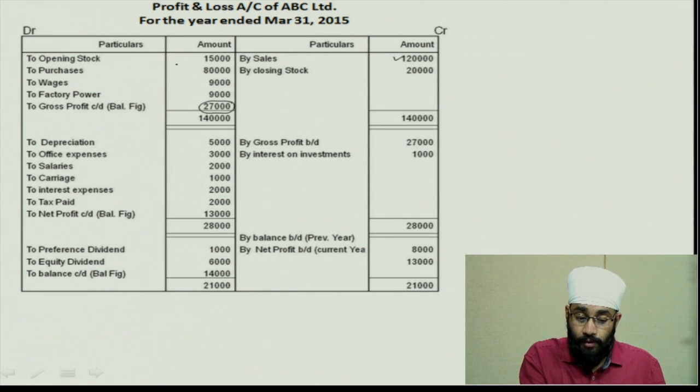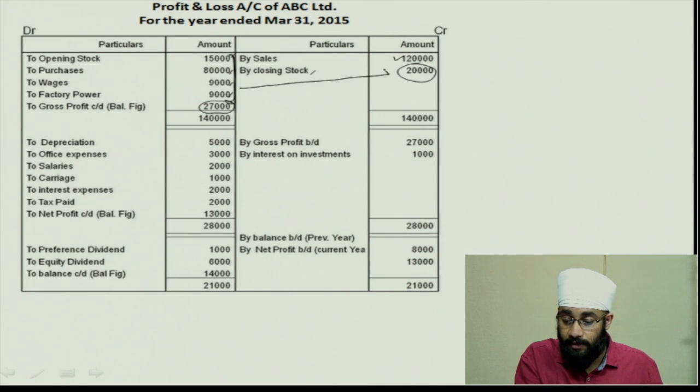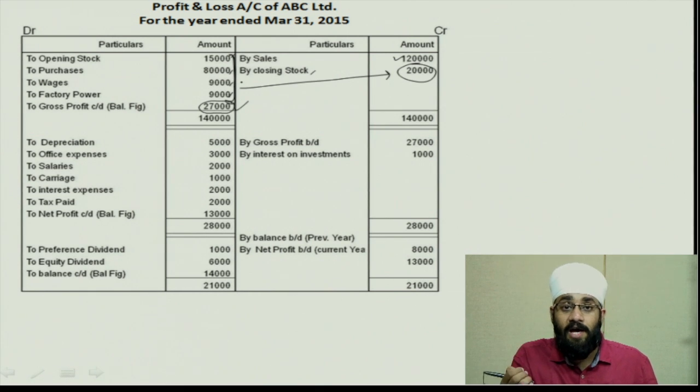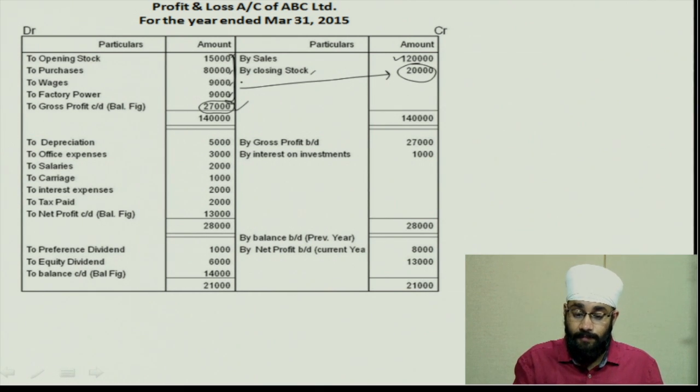Cost of goods sold would be equal to opening stock plus purchases plus the direct expenses minus the closing stock. By adding these all and deducting this, you will get the cost of goods sold, which when deducted from the sales figure will give you 27,000 as gross profit. However, in this case we have the figure of gross profit, so we'll just use that directly.